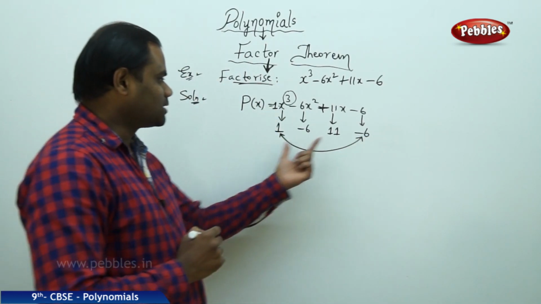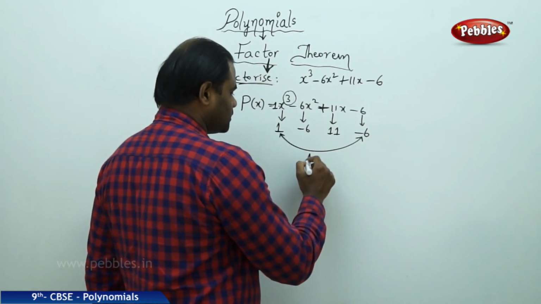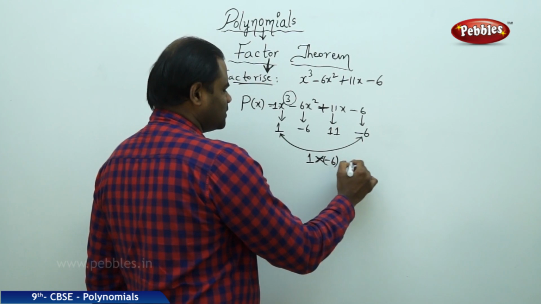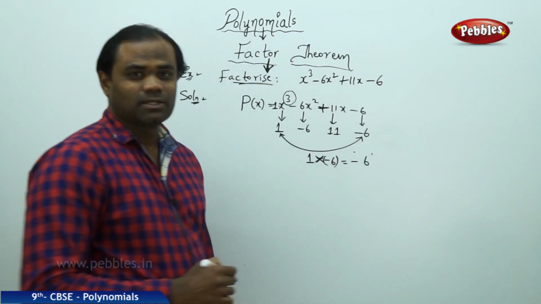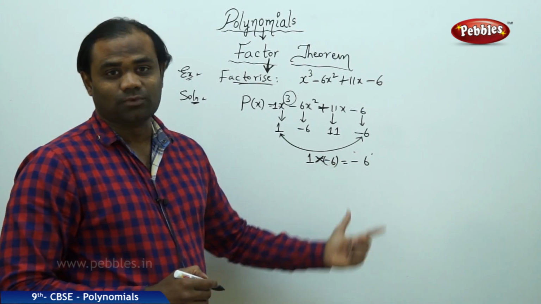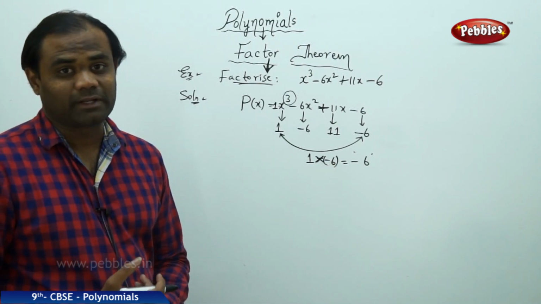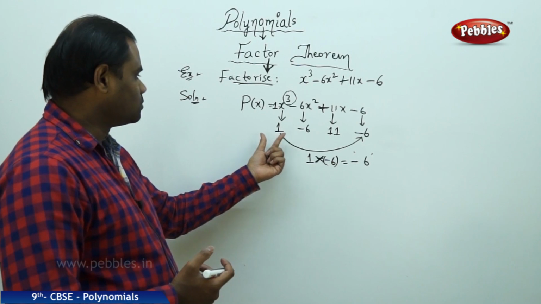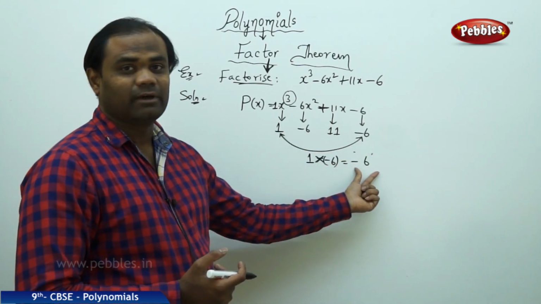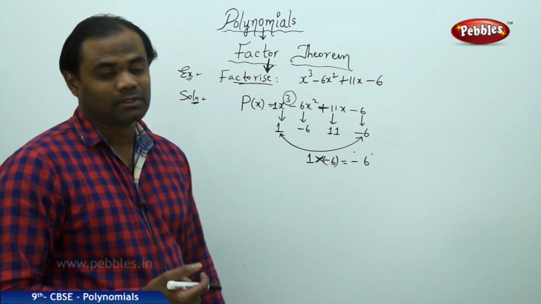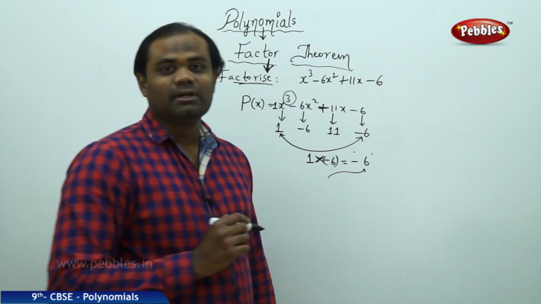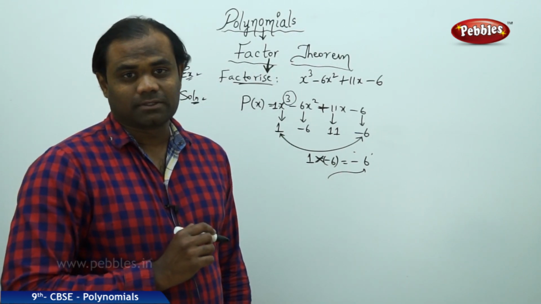My first and last coefficients are multiplied, so 1 times minus 6 is equal to minus 6. So I get the product of the first and last term, which is what I do in rule 2 of the factor theorem. Rule 2: multiply the first coefficient with the last coefficient, and I get the value as minus 6. Now for this minus 6, I find all the possible factors.